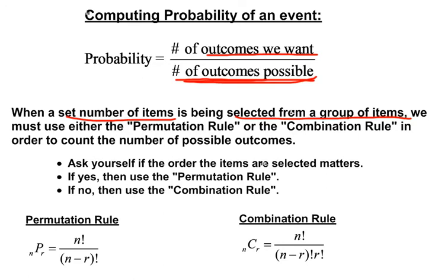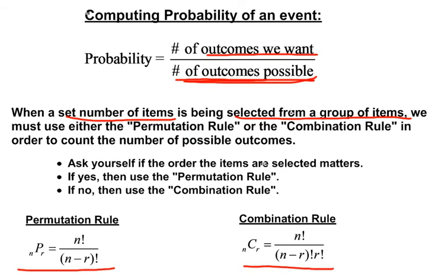Now, in doing this, there are some major similarities between these two, and you can see the formulas down here at the bottom. As we look at these, we can see that they're very similar to one another, and likewise, they're very similar in the type of problem that we would use them in.